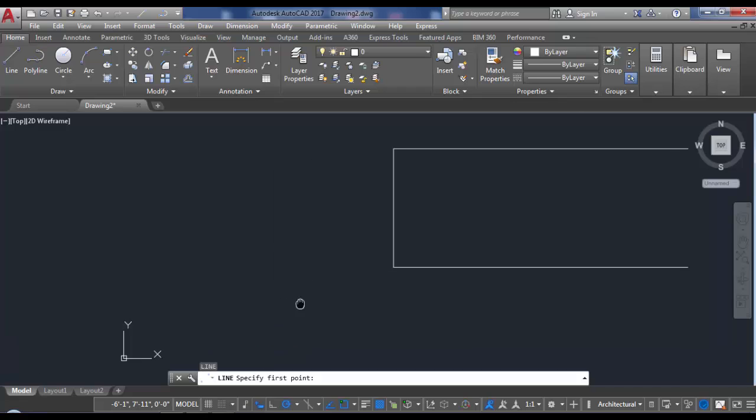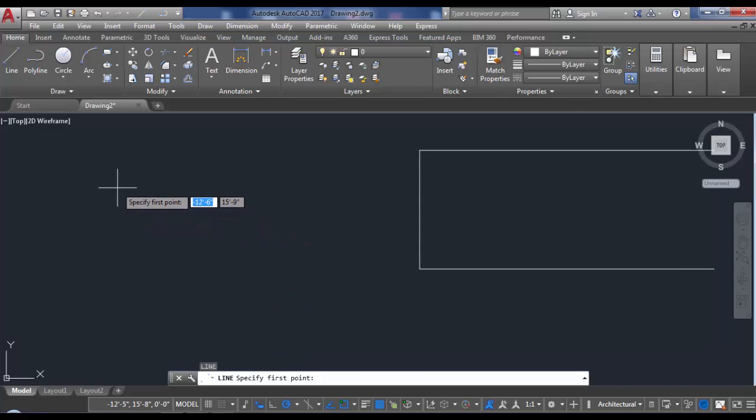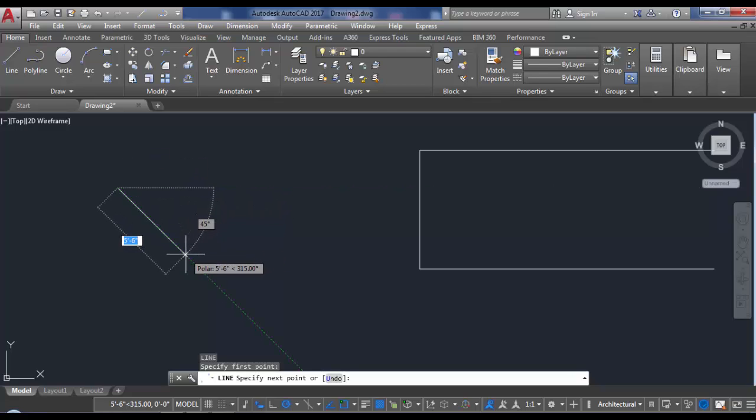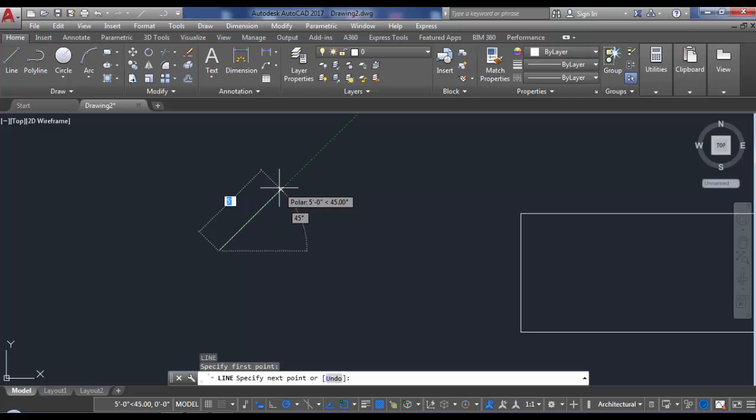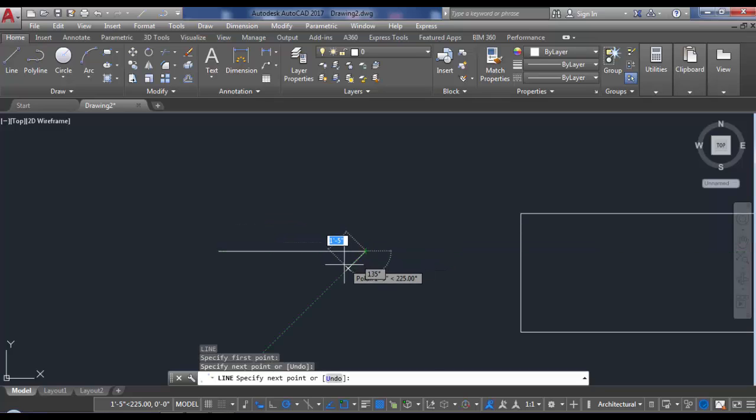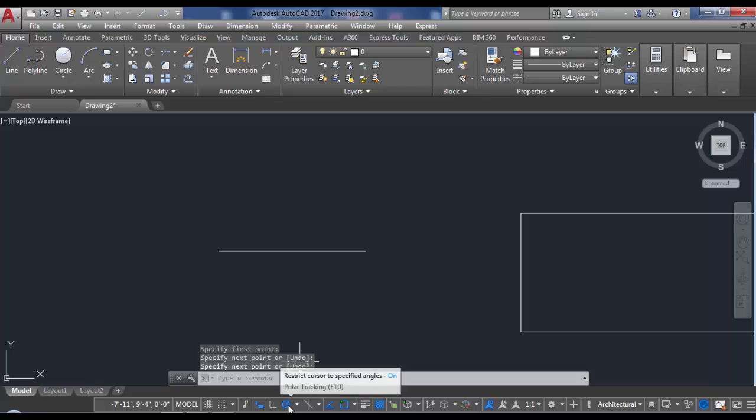Similarly, when I was trying the line command and specified the first point, I was able to go for a 0-degree angle, a 45-degree angle, a 90-degree angle, and then a 135-degree angle. To draw a straight line at some particular angle, we have to keep the polar tracking on.